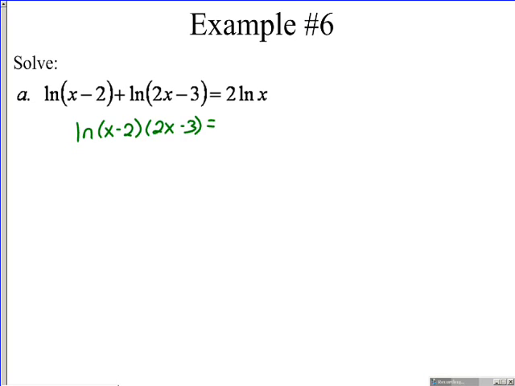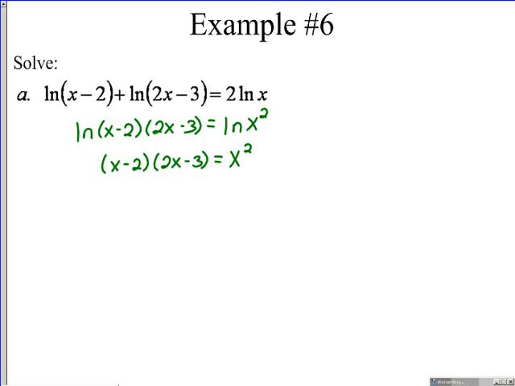On the right side, to get that to a single logarithm, I know that this number out front, I can move back to the exponent of the argument. And now when we have a single logarithm equal to a single logarithm, and they are in the same base, we can say that the two arguments, x minus 2 times 2x minus 3, have to be equal to x squared.